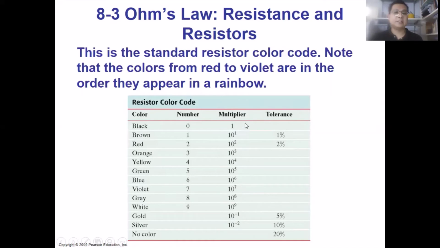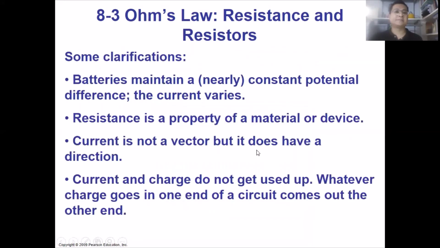This one is the power of performance. And about tolerance, it shows whether the performance is less than the mentioned number or more than the mentioned number. So tolerance is allowed from 1% until 20%.